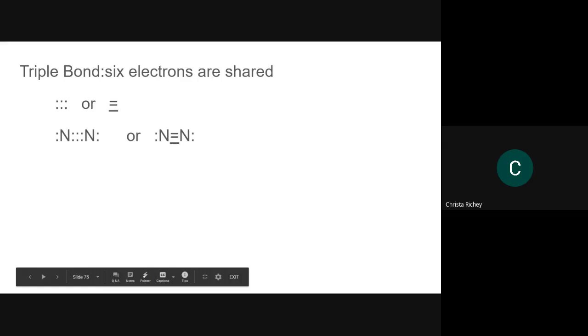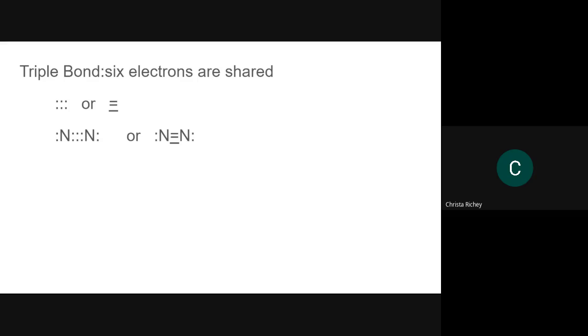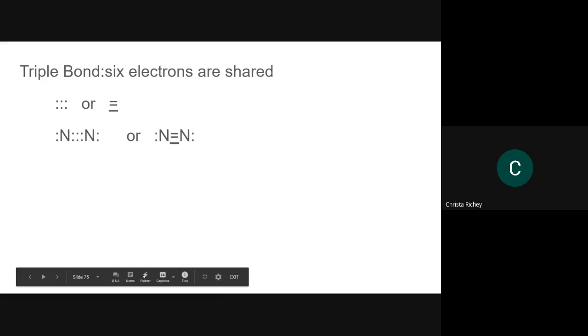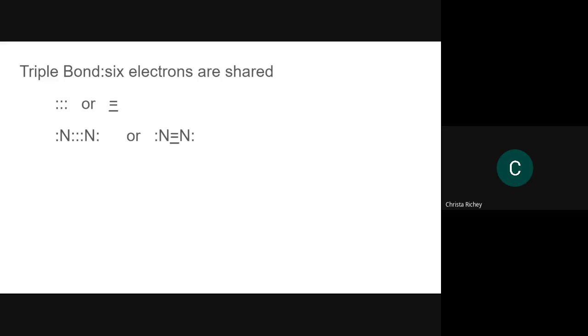There it is. Uh-oh, I may have lost it. You guys know full well I can't draw on my board. I don't trust that this smart ink over here on the side is actually going to go where I want it to go. I really don't know how I lost my triple bond. Oh well, it's no big deal.